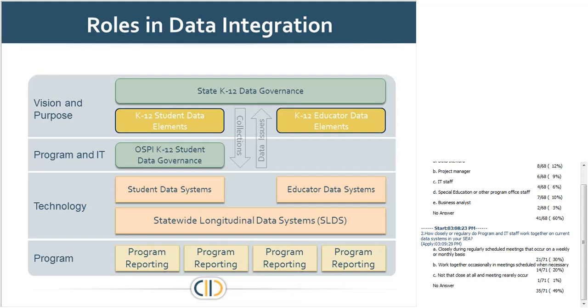And then for the technology, we have the student data systems, where we have developers, we have data analysts, we have business analysts, and those sort of folks who kind of look at the data, figure out what it is, and get it into the right place and make the applications work the way they're supposed to.